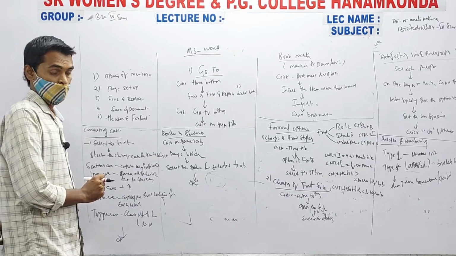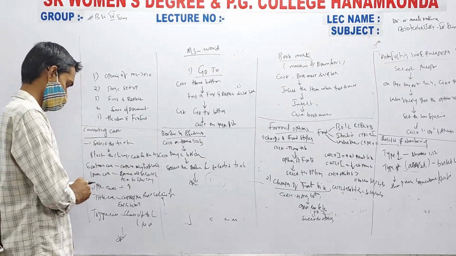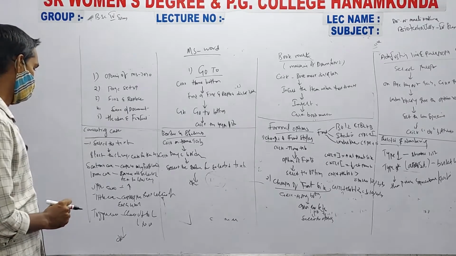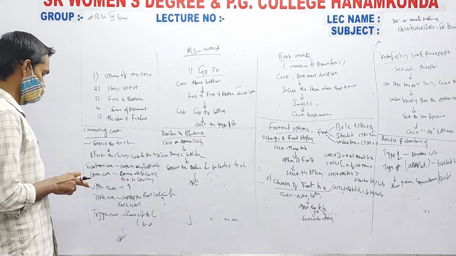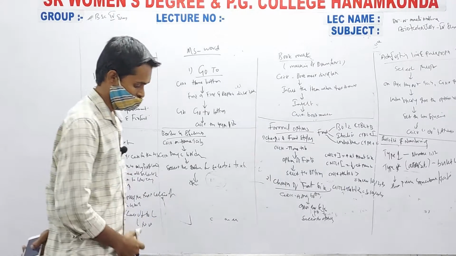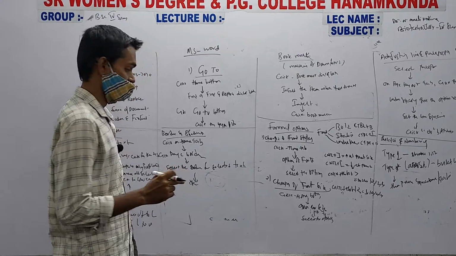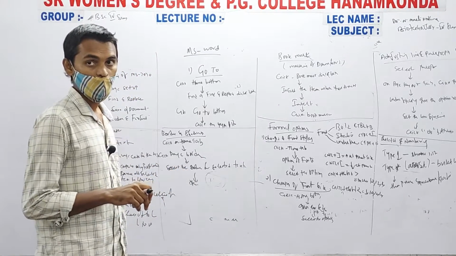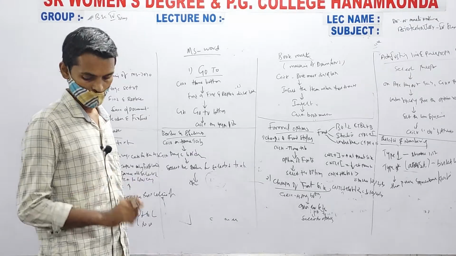Uppercase: all the selected text will be uppercase. Title case: the first letter of each word will be capital. Toggle case: changing uppercase to lowercase and lowercase to uppercase, vice versa. And finally you have to click on the OK button.